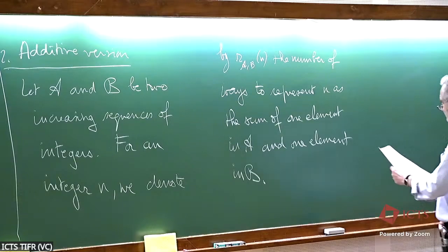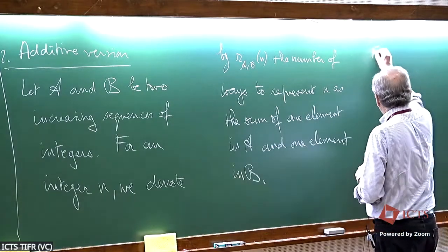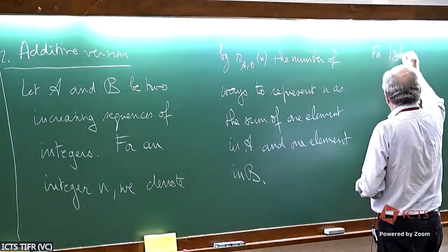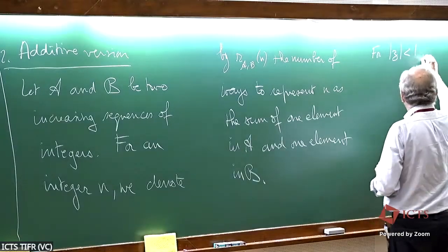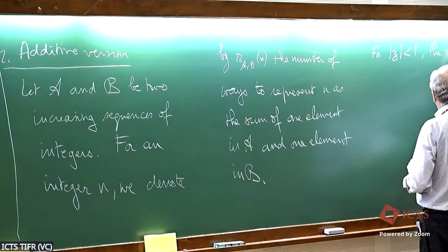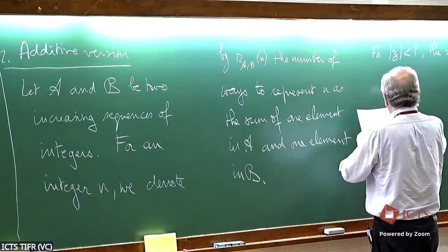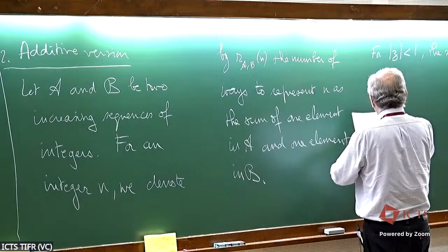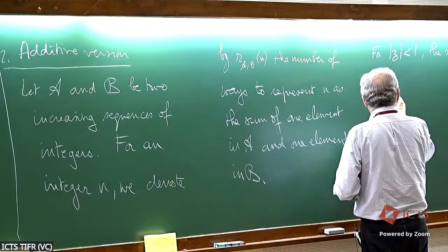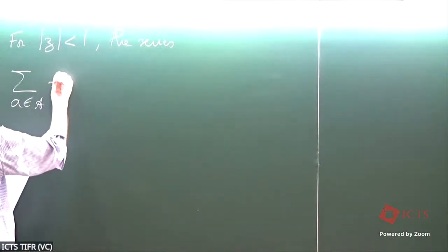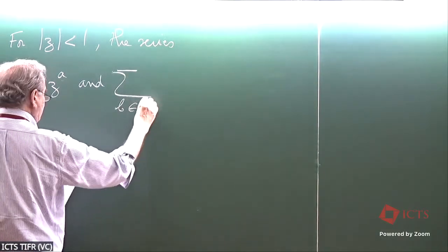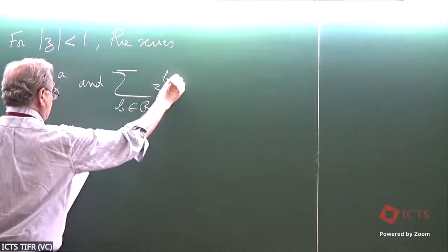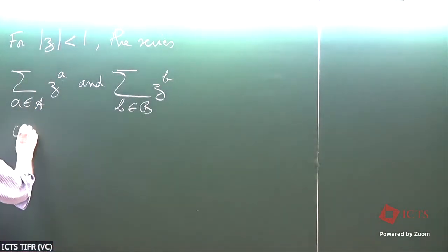Now, if you take |z| less than 1, in the unit disk, the series sum over a in A of z^a and sum over b in B of z^b converge absolutely.